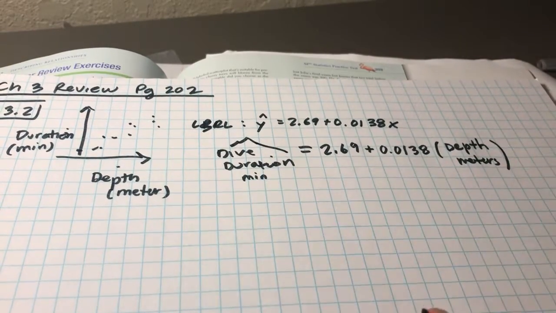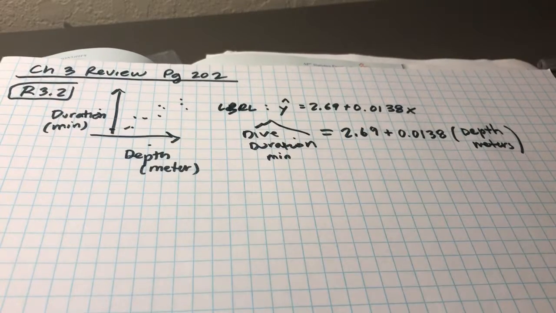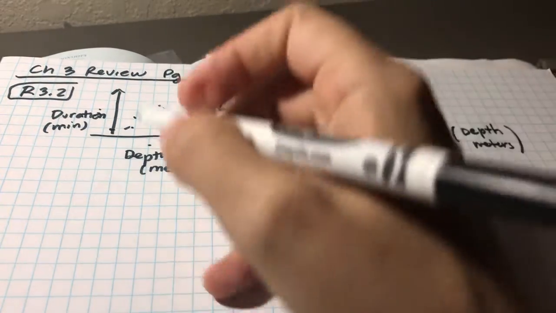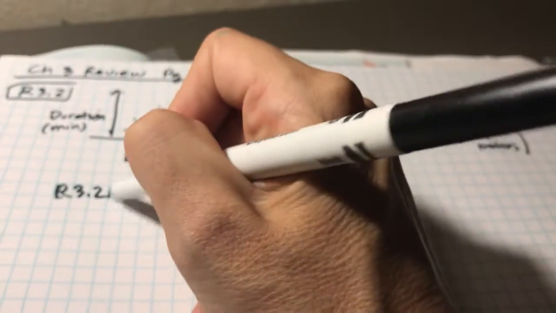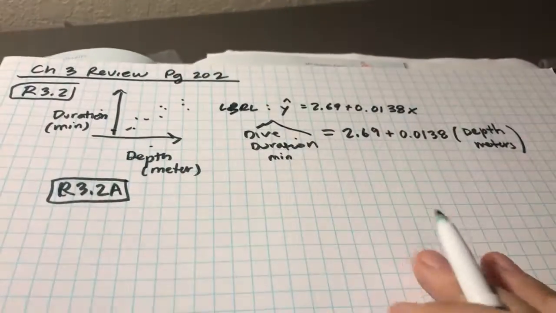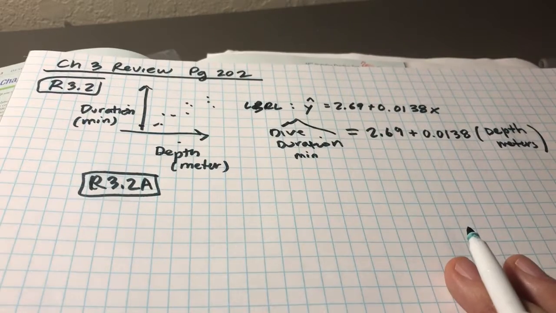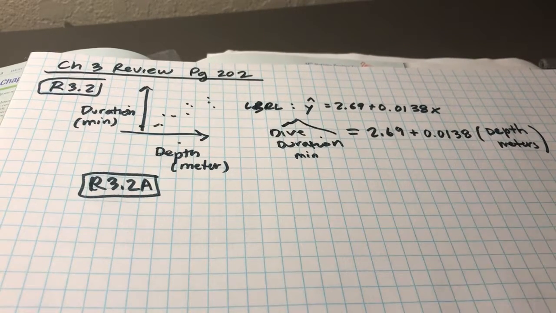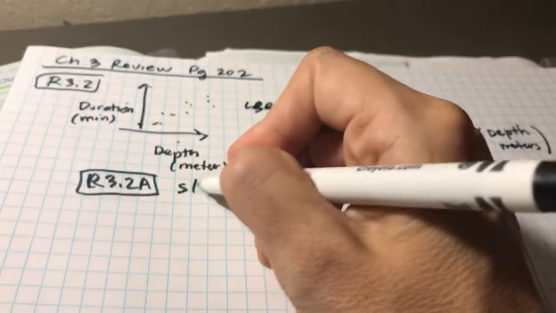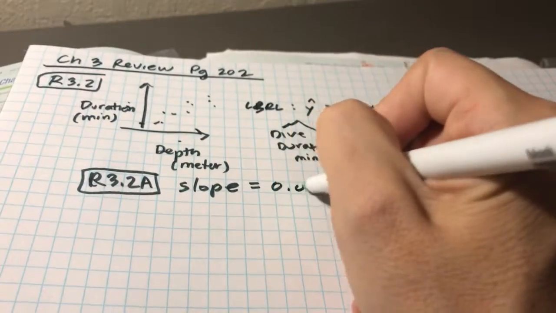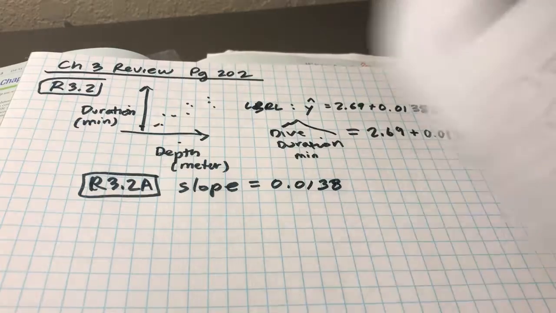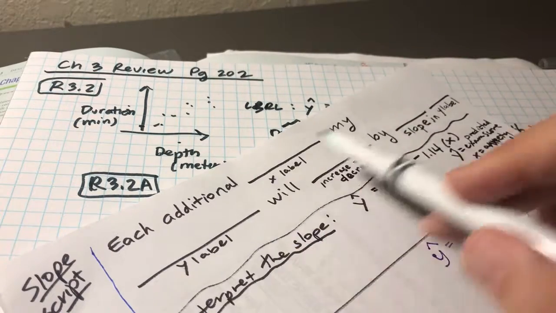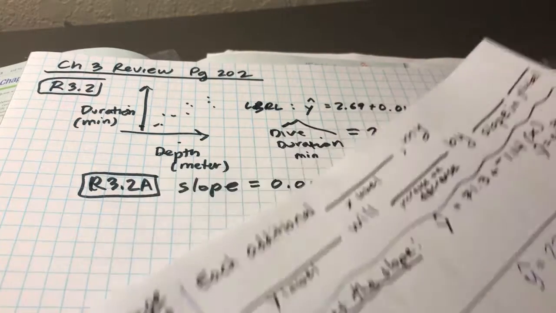Okay, so here we go. Here's my least squares regression line equation. In part A, what does the slope of the least squares regression line mean? If I wrote just that on a test, it's not enough. I want to go to my script and plug everything in.